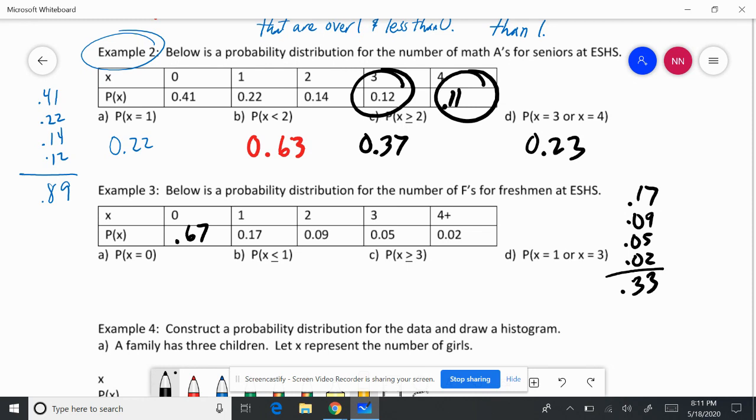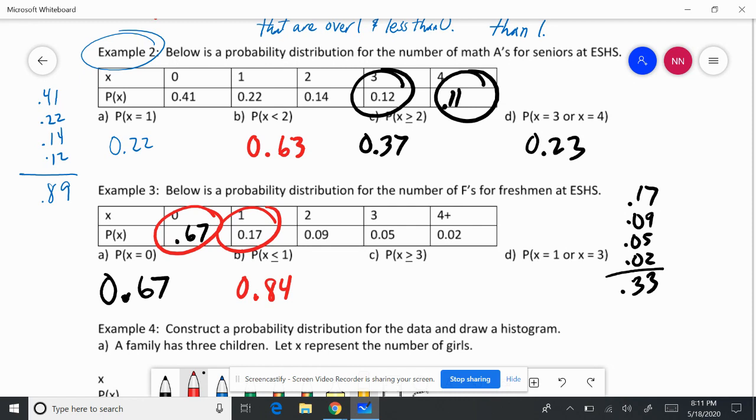Now what we're going to do is answer each of the questions. Equal to 0, 0.67. Now if we're looking at the next one, it's less than or equal to 1. So that includes 1 and less than 1. So when we add it up, we get 0.8.